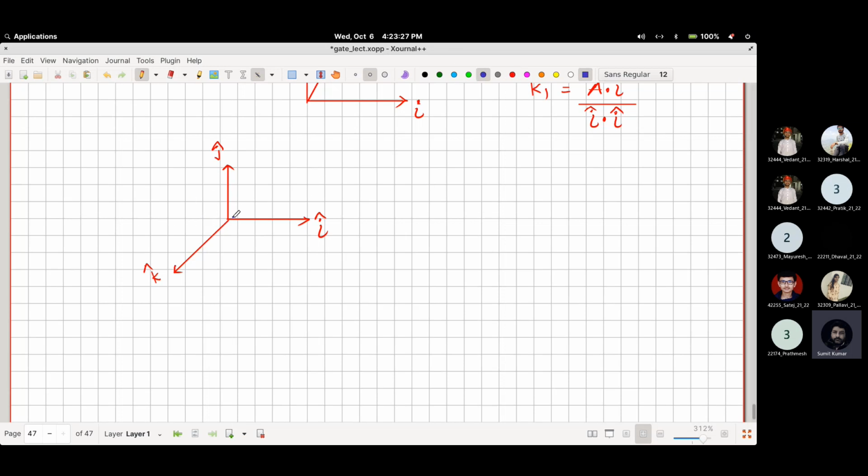So let's say you have a vector A somewhere here, and this vector A can be written as k1 I plus k2 j plus k3 k, right?